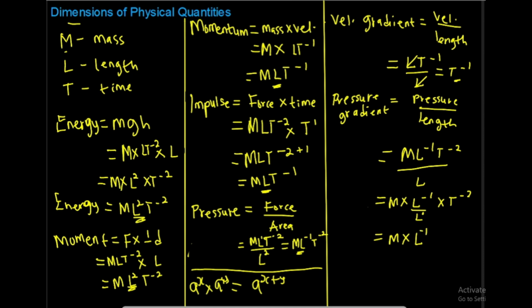So that will be minus 1 minus 1. Then we have times T raised to power minus 2. So that will give you M times L raised to power minus 2 times T raised to power minus 2. So pressure gradient will be ML^-2T^-2.